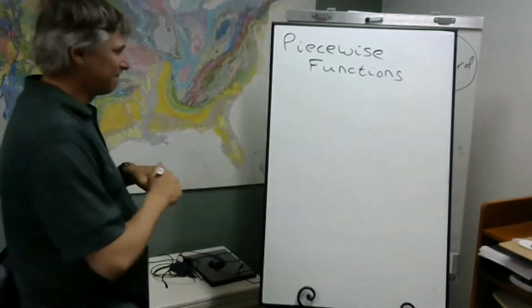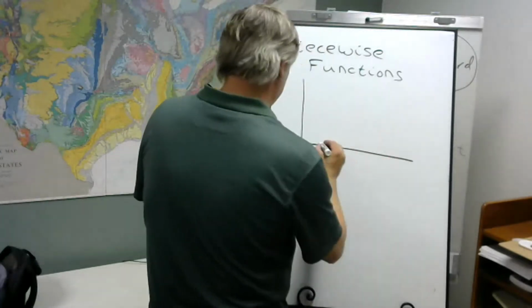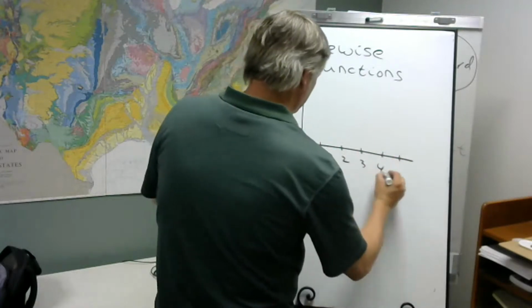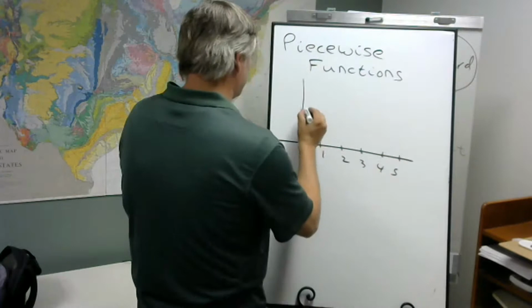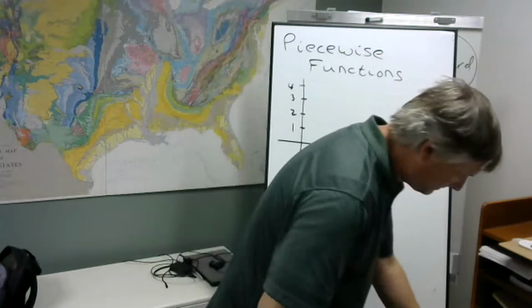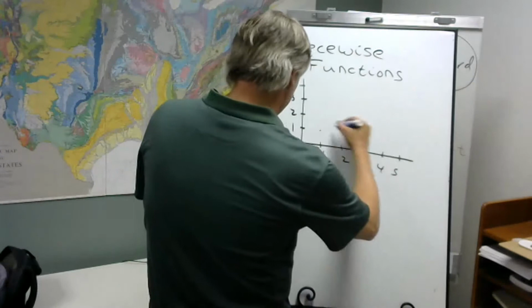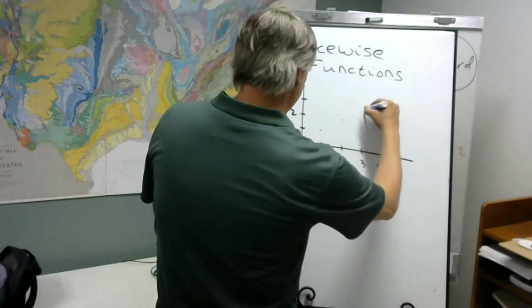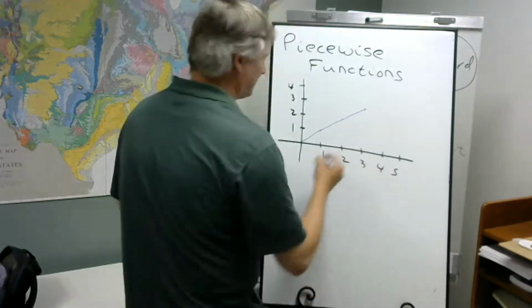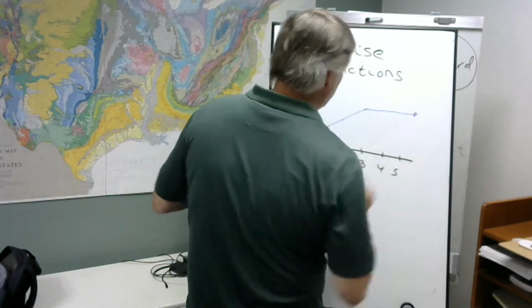Let's say we have this. So let's see the function of this, and it keeps going.